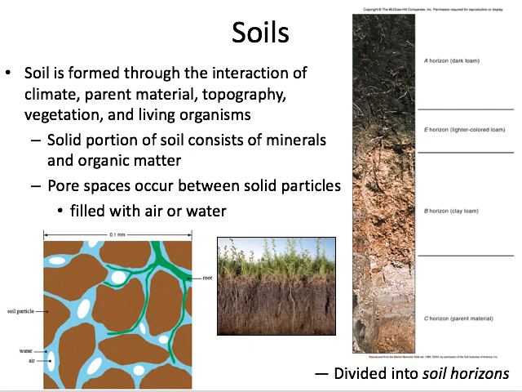Now, plants need to breathe, so these pore spaces fill with both air and water as the roots grow in and among the soil. Soil is divided into different soil horizons, and some roots can grow into deeper soil horizons than others. Remember, the main job of roots is to stabilize the plant, and in doing so, they also stabilize the soils.